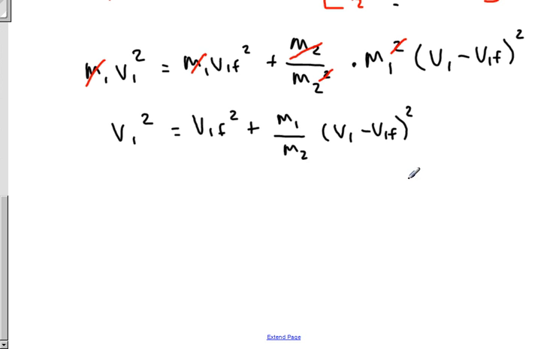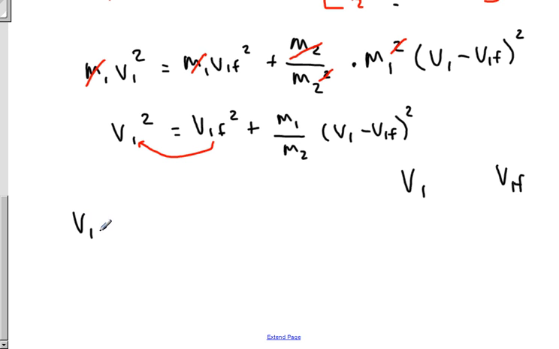If I'm solving for a relationship between v1 and v1 final, I need to solve for one of these and express it in terms of the other. So I will bring my v1 final over to this side first, and it'll become apparent why we do that in just 1 second.